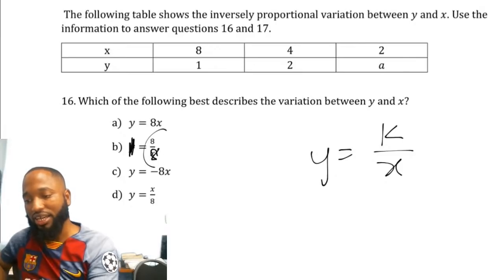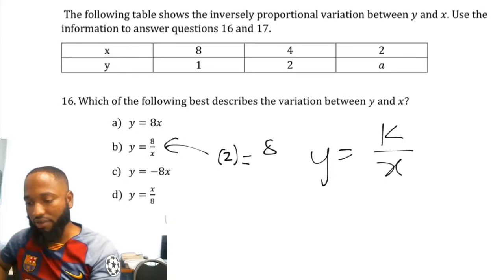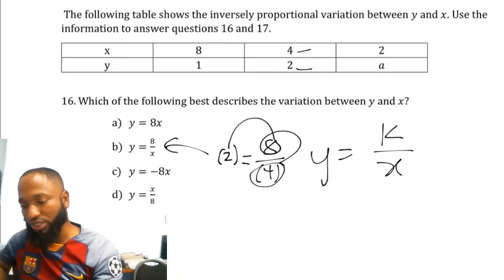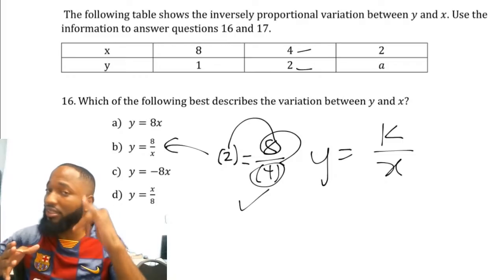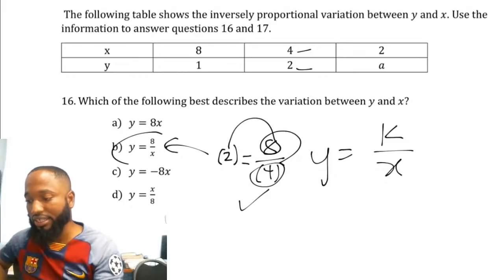You understand what I'm saying? It's like substituting in to see if it's working. Let's try the next one. Y is 2. You have that 8 on top, and you put 4 for X. So I substitute 2 and 4. 8 over 4 is 2, so it's working. So yes, the answer is B.